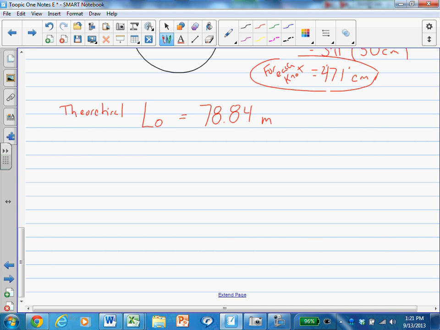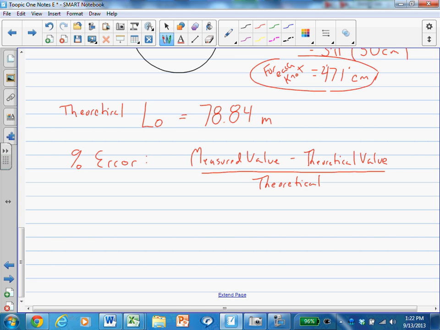So the percent error. This is the check portion of your lab. It is the measured value minus the expected value, or in this case, the theoretical value, over the theoretical value. It's good to be thinking like it's always the one minus the better over the better, times 100. So what did we get when we measured it?